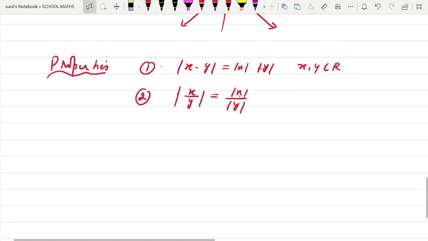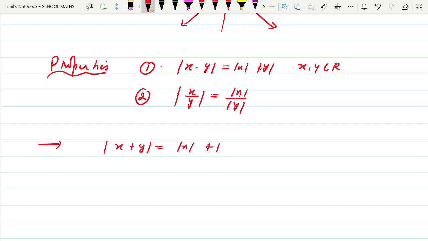Now my next question is, can we say that mod of x plus y is equal to mod x plus mod y? The answer is not always. Let us check.